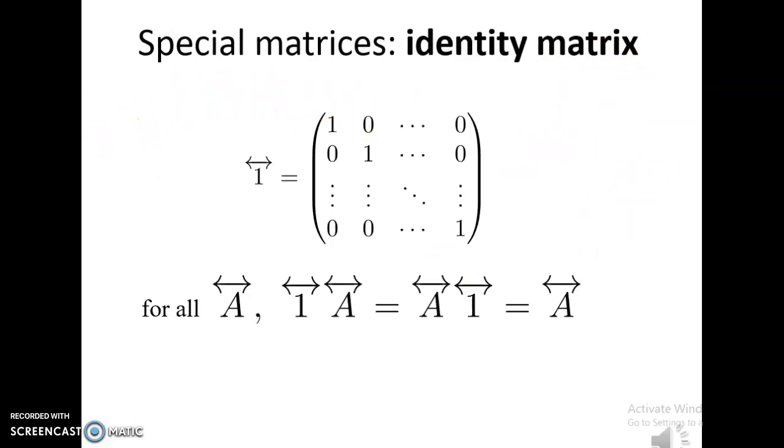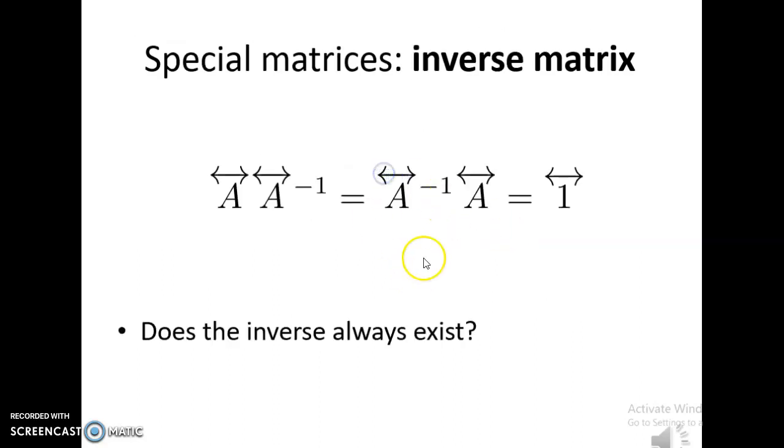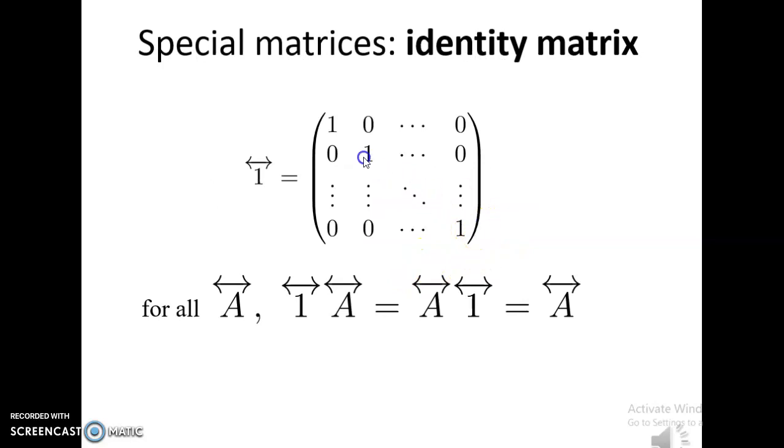Special matrix: identity matrix. What is the identity matrix? Only the diagonal has ones: 1 1 1 1.